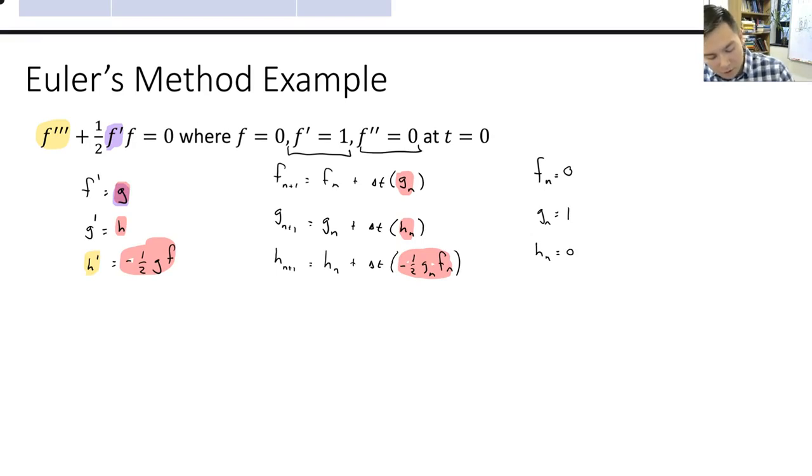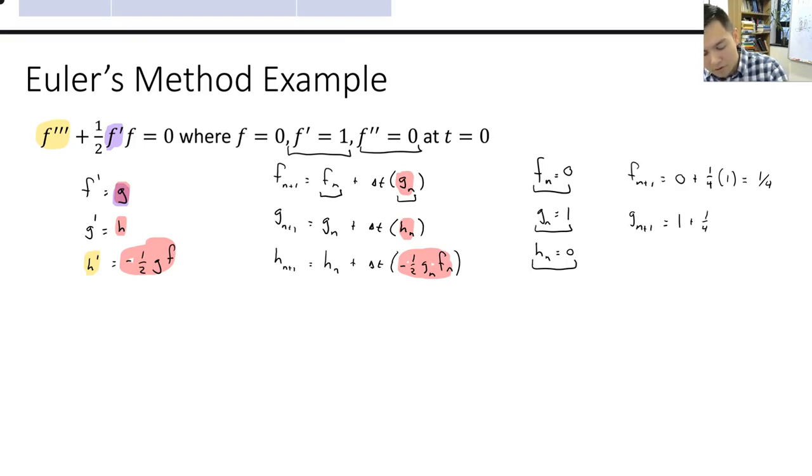Then we could say, okay, well, f_{n+1} then is equal to 0 plus, maybe we'll take a step of 1/4, 1/4 times our g_n value, which we get from here. So that's times 1, so that will be equal to just a quarter. Our g_{n+1} value is equal to our initial value, 1, plus a quarter times our h_n value, which is 0. So that's going to remain 1.